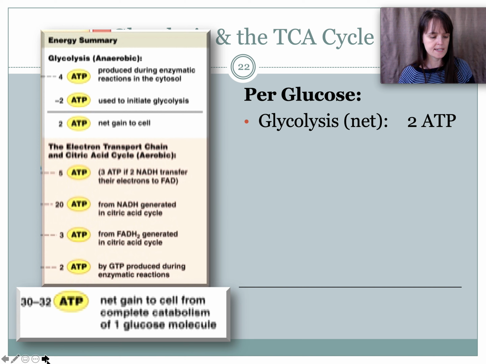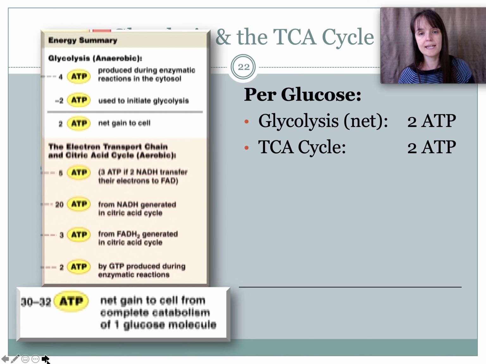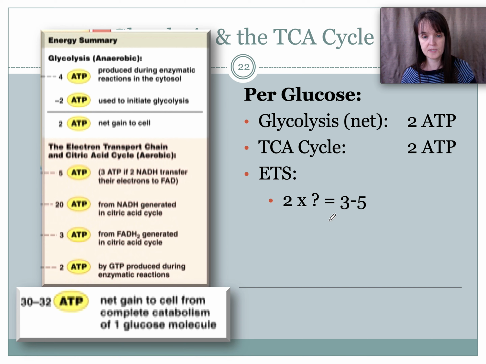The citric acid cycle makes 2 ATP from GTP. And then the electron transfer chain, we've got 2 times something, and this is anywhere between 3 or 5, depending. So that's where the 2 difference is.